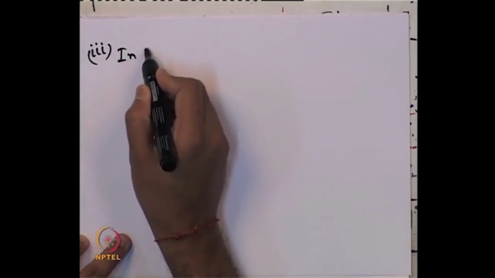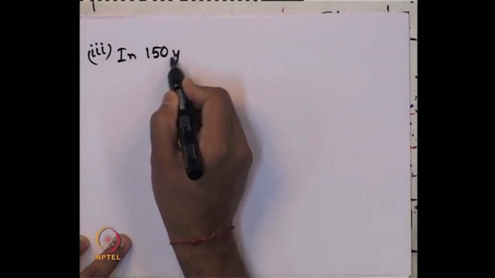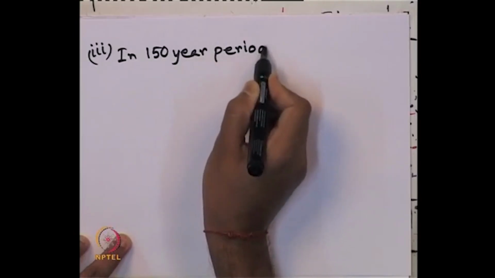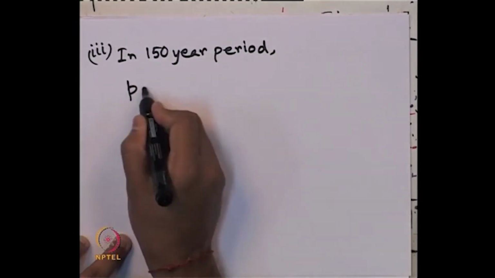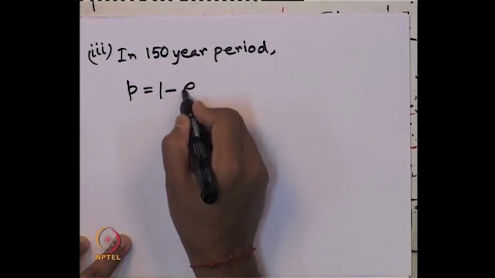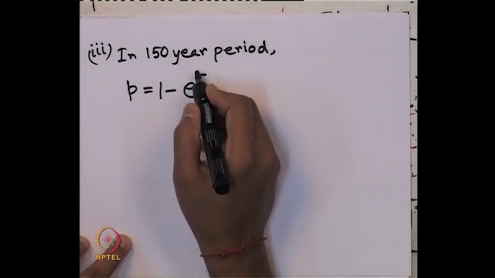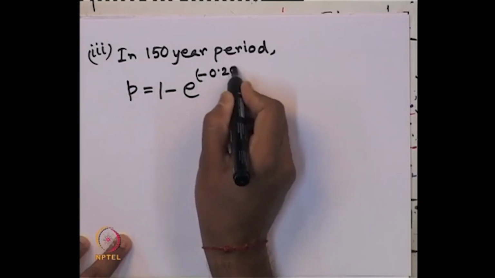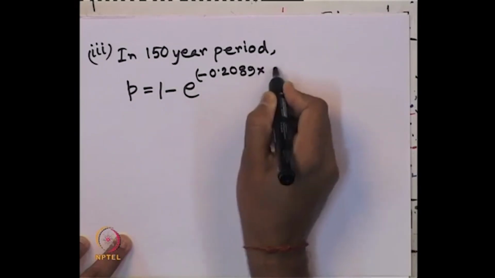So, in a 150-year period, this P will be 1 minus e to the power minus 0.2089 times t, where t is 150.